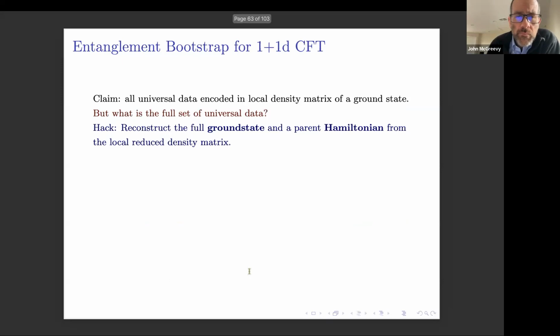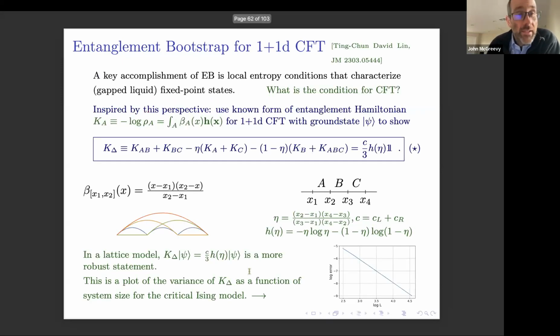Okay, and so we'd like to propose that this condition, even the vector form of it, is the analog of A0 and A1 for a CFT. It's a locally checkable condition that characterizes the ground state of a CFT. So it should be true for any 3 contiguous intervals that this combination of entanglement Hamiltonians is a number when acting on this state. So that is, K delta acting on the state is proportional to the state again.